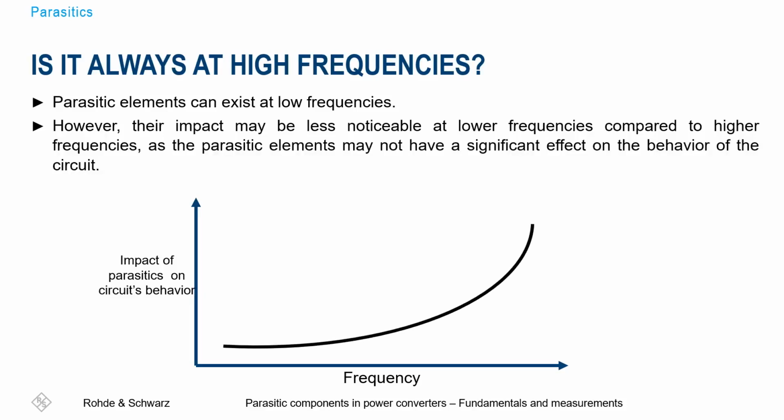So that's why they are not considered, because they won't impact the performance of our converter if we are working at these frequencies. However, working at higher frequencies will have a higher impact, and the overall performance of our circuit will be affected.